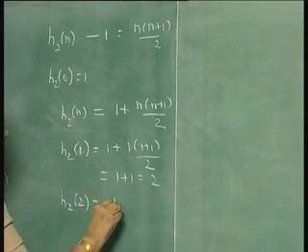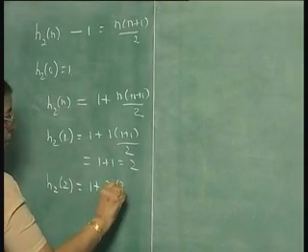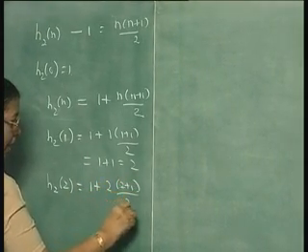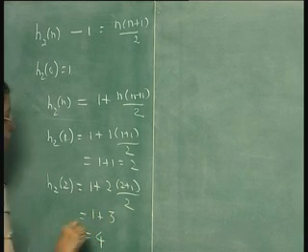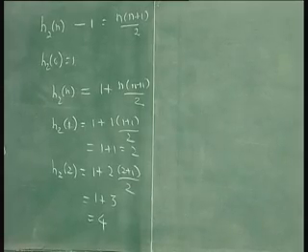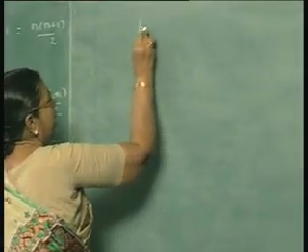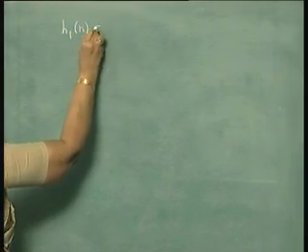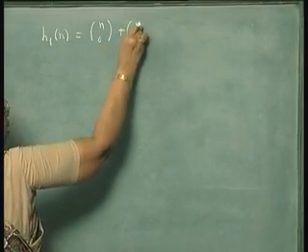H22 will be 1 plus 2 into 2 plus 1 by 2, that is 1 plus 3 equal to 4. This we have also seen. Now a fact to note is you can write H1n as n choose 0 plus n choose 1.